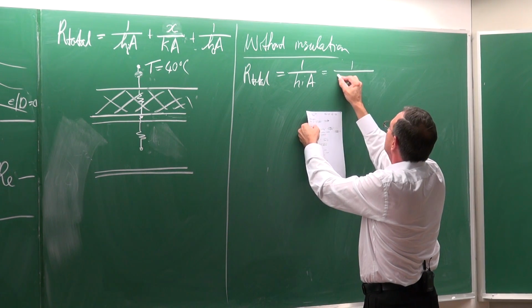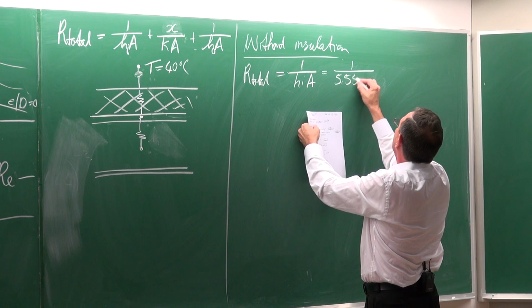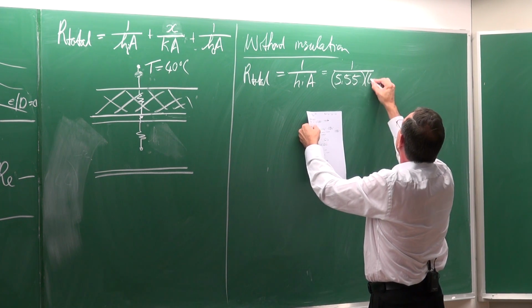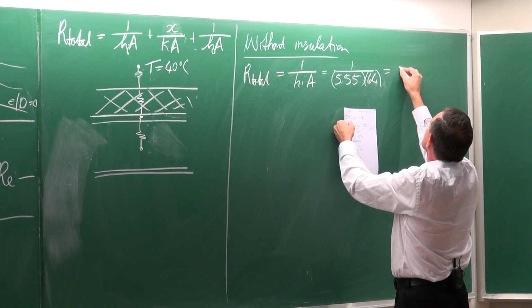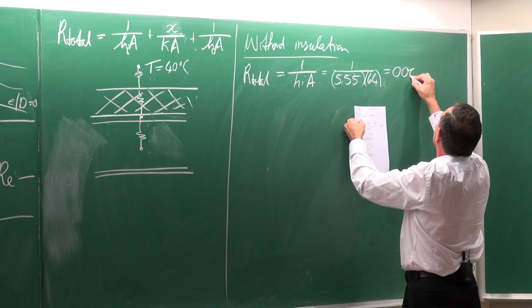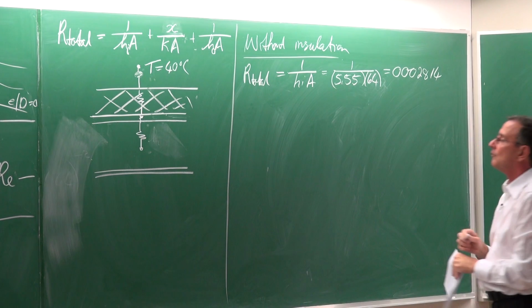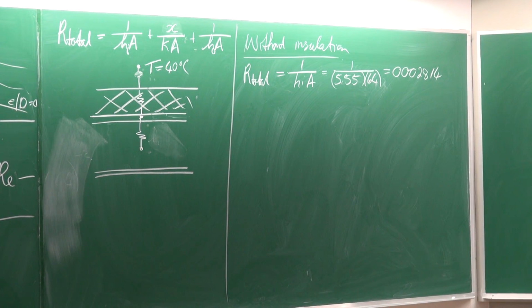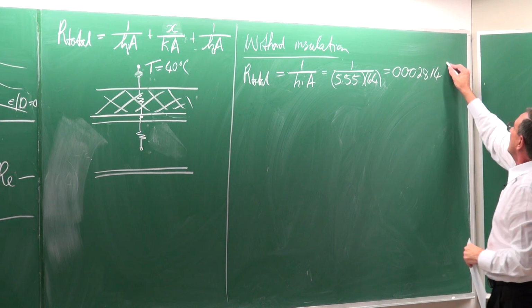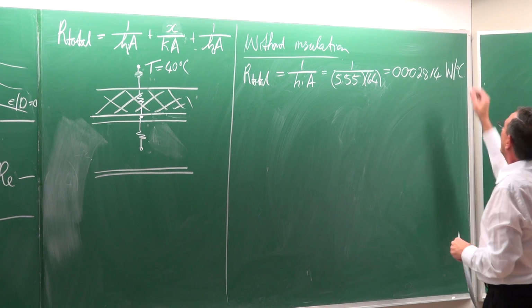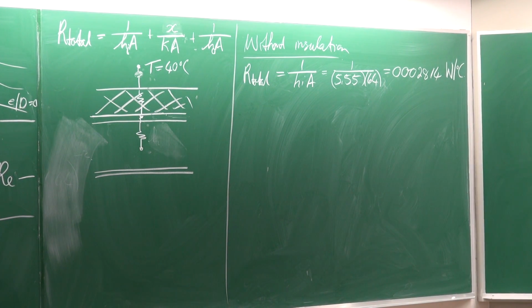That is 1 divided by 5.55 times 64, and that gives us a value of 0.002814 watt per square meter, watt per degree Celsius.